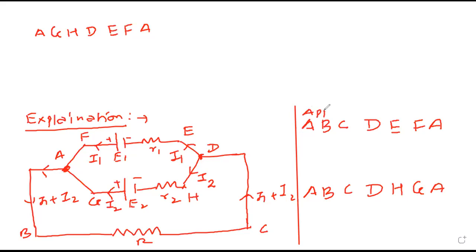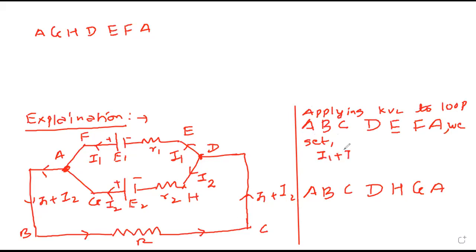Now applying Kirchhoff's voltage law to loop A, B, C, D, E, F, A, we get: A to B, is there any resistance? No, so there won't be any potential drop, because potential drop by Ohm's law is I into R. B to C, any drop?